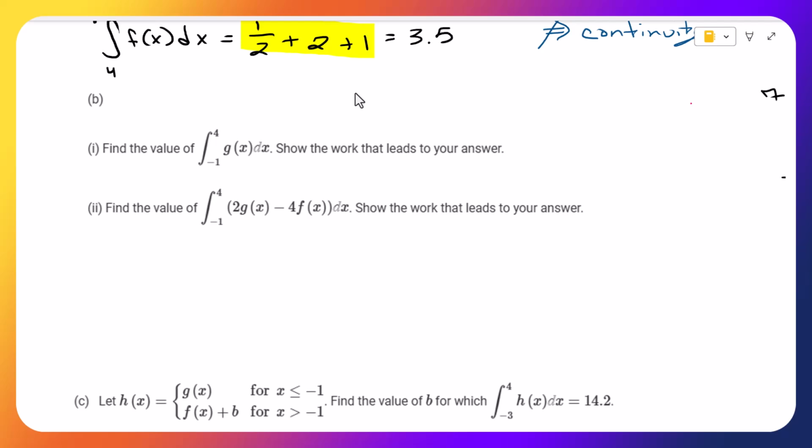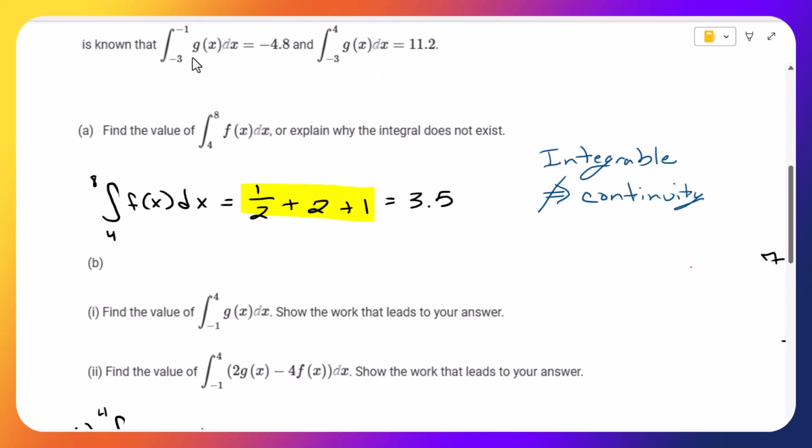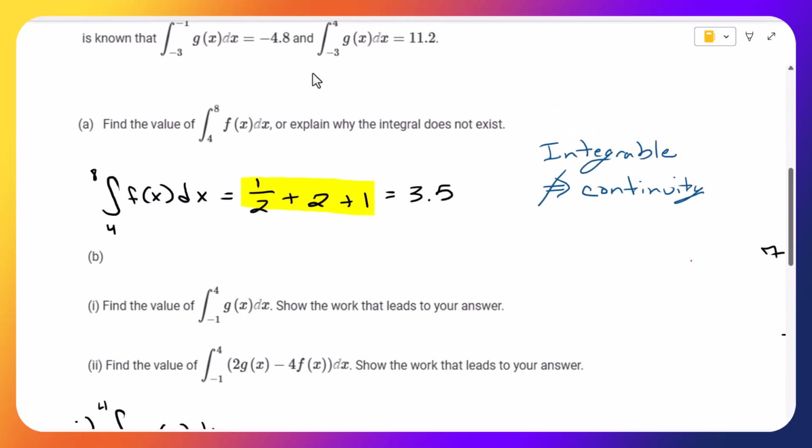How do we do this? We need to use our properties of integrals. So we want from -1 to 4. This is going to be part 1. The integral from -1 to 4 of g of x dx. And what we have is from -3 to -1 and -3 to 4.